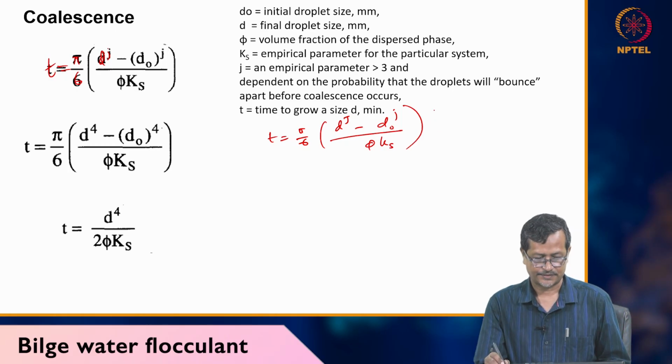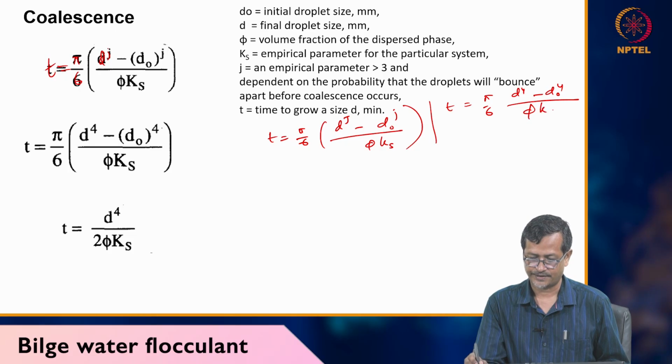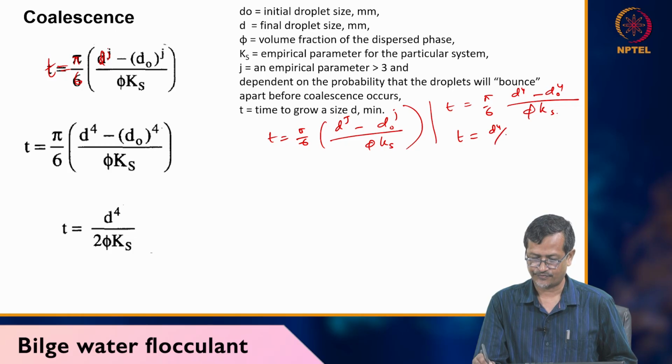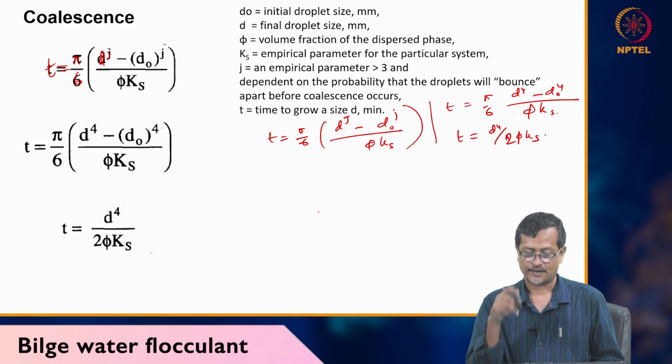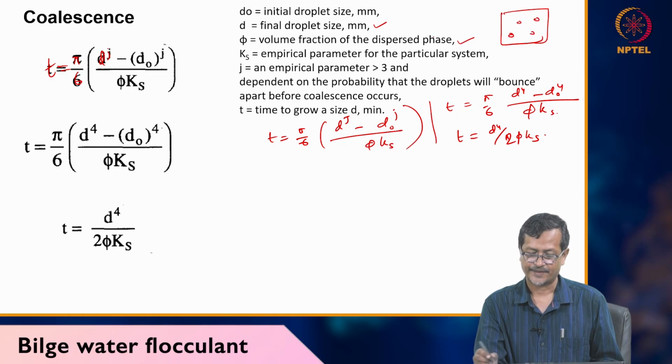In simplified form: T equals pi by 6 (d power 4 minus do power 4) by phi ks. Here do is the initial droplet size, and after meeting they will grow. d is the final droplet size, phi is the volume fraction of the dispersed phase, how much dispersed phase is there. The dispersed phase here is oil.